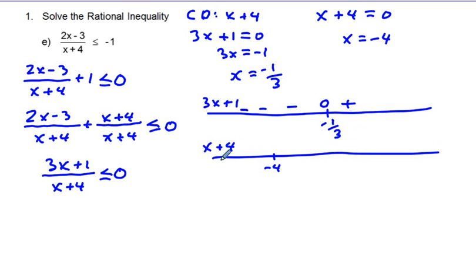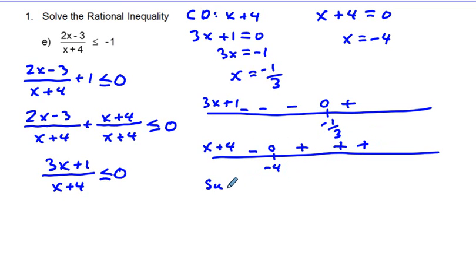Now for our denominator of x plus 4, we have that denominator 0 at x equals negative 4, and negative to the left of negative 4. And then we have a positive sign here, positive sign here, and positive sign here. So we have 5 x values or intervals to consider.